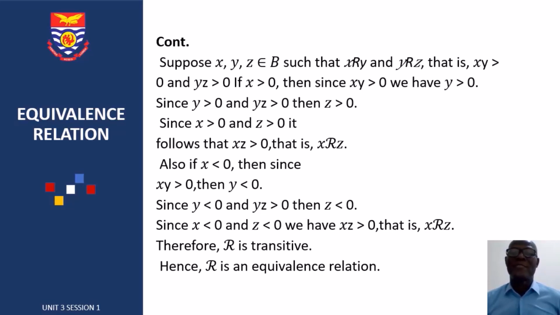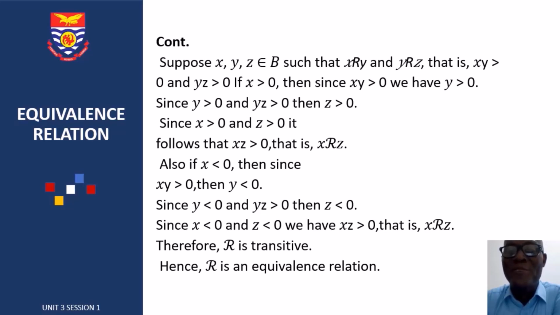Now, if X is greater than 0, then since XY is greater than 0, Y must be greater than 0. This is because if X is greater than 0 and Y is less than 0, if we do the multiplication, it gives negative, which is not greater than 0. So that is why Y must be greater than 0.